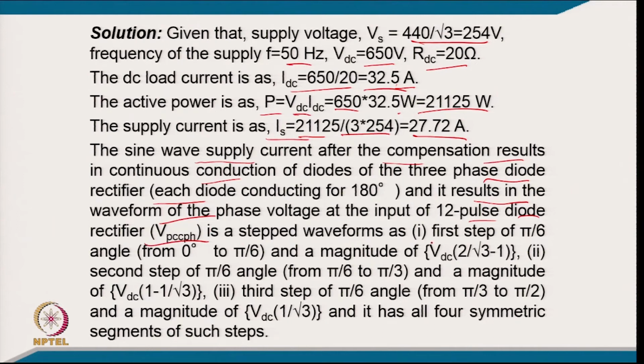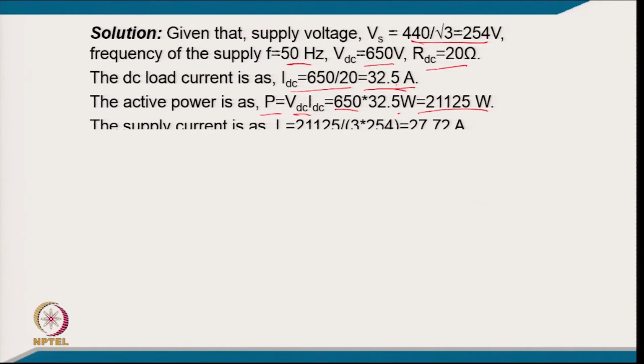EPCC is a step waveform: the first step of pi by 6 angle, 0 to pi by 6, with magnitude VDC in bracket 2 by root 3 minus 1; the second step of pi by 6 angle, from pi by 6 to pi by 3, with a magnitude of VDC (1 minus 1 by root 3); and the third step of pi by 6 angle, from pi by 3 to pi by 2, with a magnitude of VDC by root 3. It has all 4 symmetrical segments of such nature because it is only for 90 degrees.